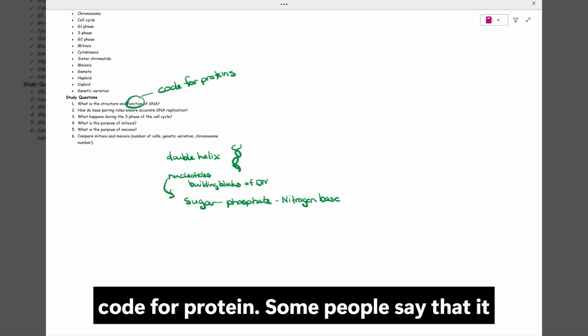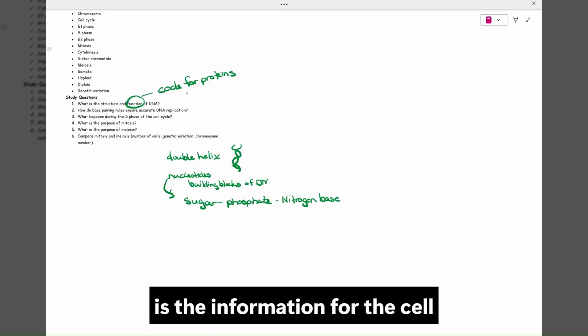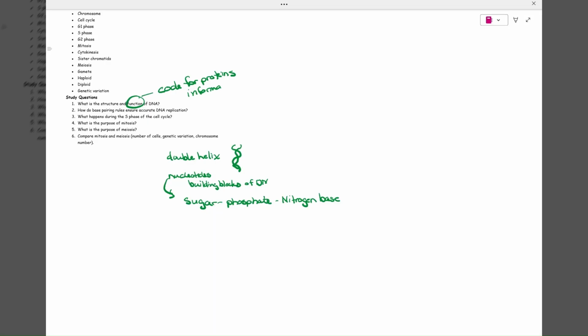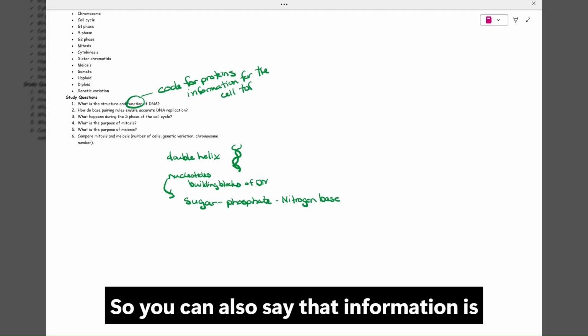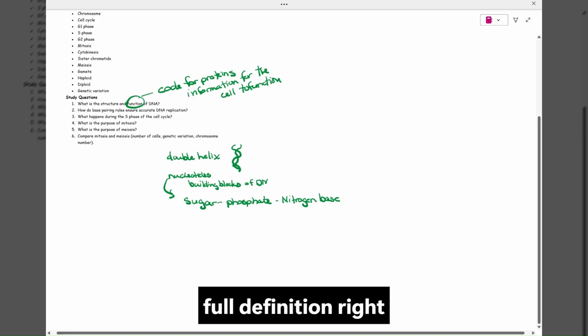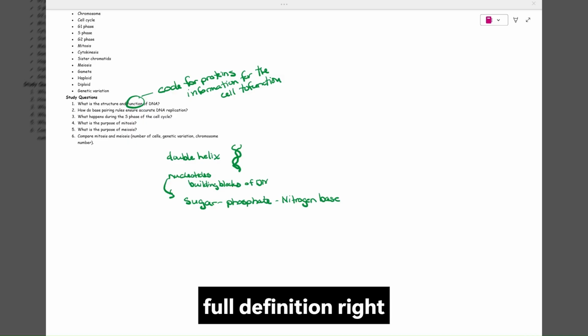Some people say that it is the information for the cell to function. So you can also say that it is the information for the cell to function, and it does that by coding for proteins. That's probably the full definition right there.